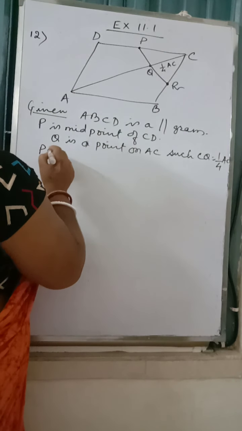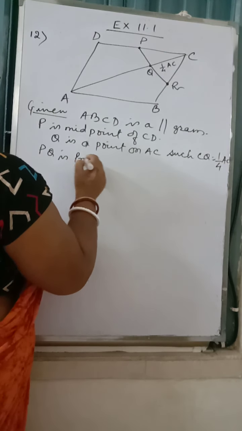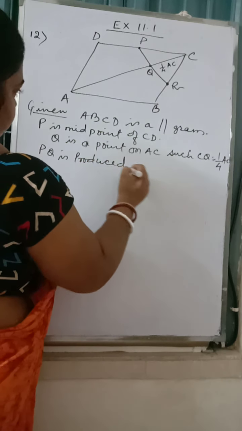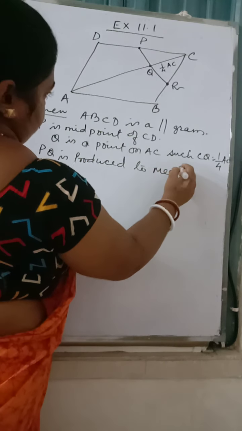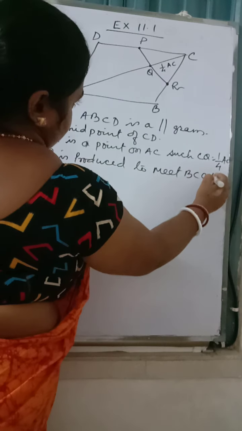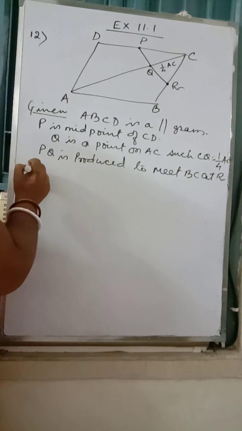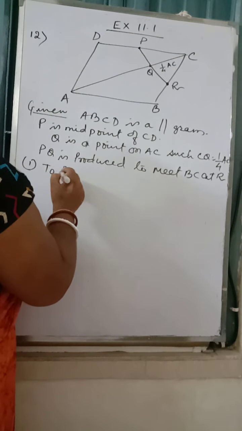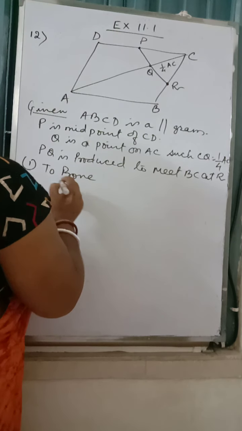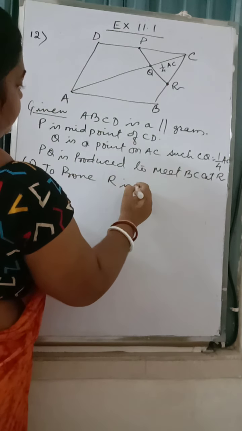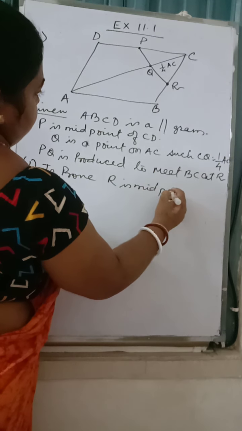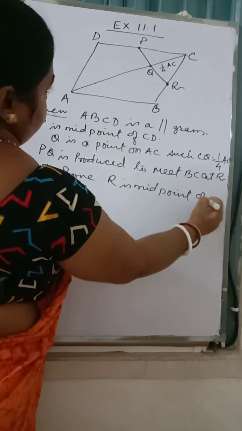Now PQ is produced to meet BC at R. To prove: R is midpoint of BC.